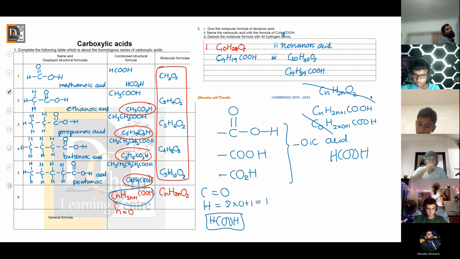The C0 means no C, and 2 into 0 means 0, plus 1 is 1 hydrogen, and you get this. Is that clear? But you can't have something like C0, H20. It should be methanoic acid. That's it. Is that clear? I have the carboxylic acid with N equals 0.